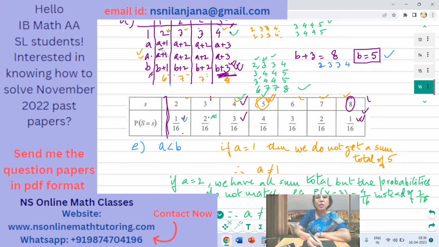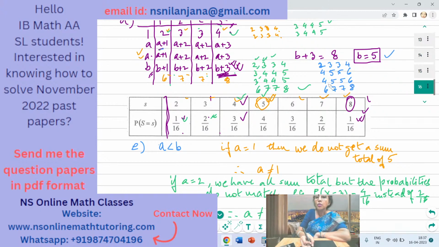A equal to 3, so it will be 3 plus 1 is 4, 3 plus 2 is 5, 3 plus 3 is 6. 4, 5, 5, 6. And then it is 6, 7, 7, 8.